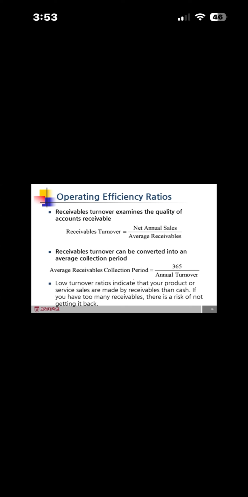The receivable turnover ratio examines the quality of accounts receivable. The receivable turnover ratio is the net annual sales divided by the average receivables within a specific period.